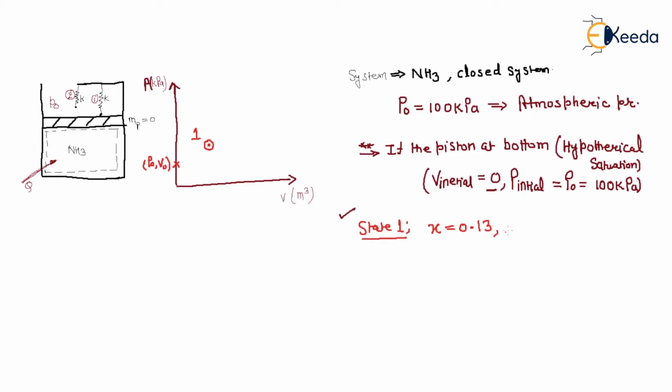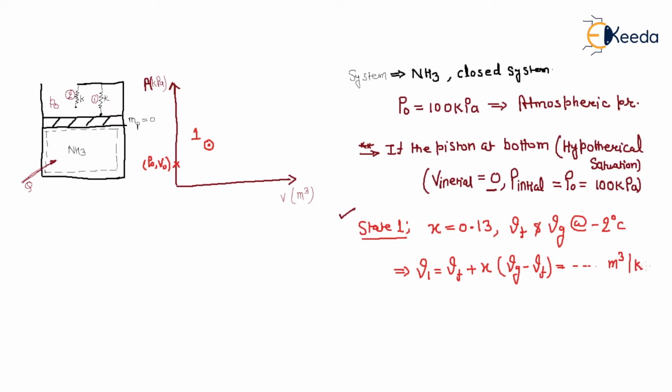So at this value we can easily find Vf and Vg at minus 2 degrees centigrade. Initially, what is the volume? V1 is Vf plus x times Vg minus Vf, right? So you get V1 in meter cube per kg. So this is the initial volume.